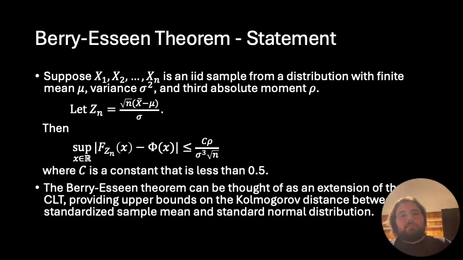The Berry-Esseen theorem provides an upper bound for the Kolmogorov distance between the normalized sample mean and the standard normal distribution. This provides a quick way to study the convergence of the sample mean for various population distributions.